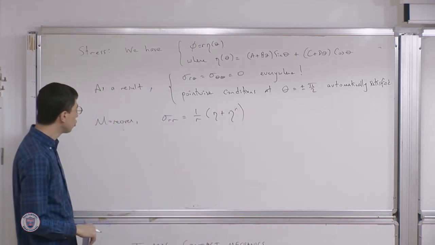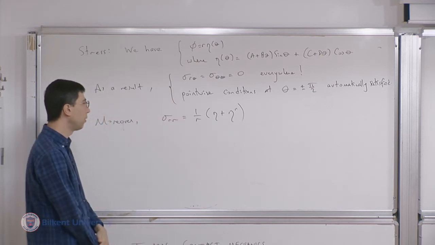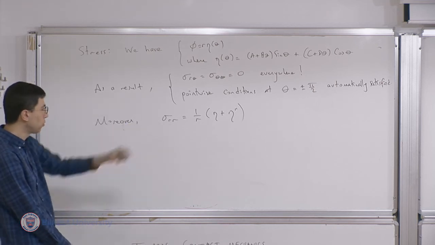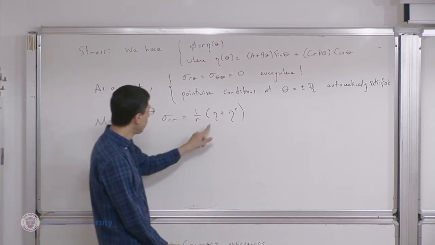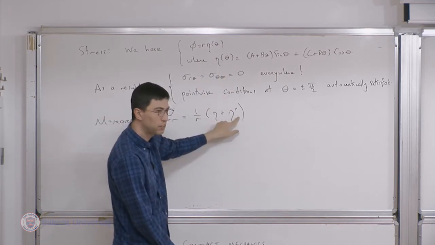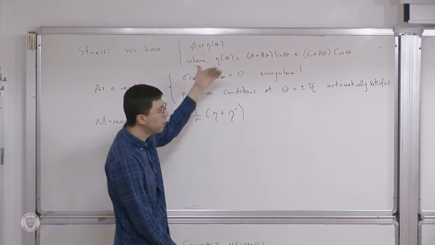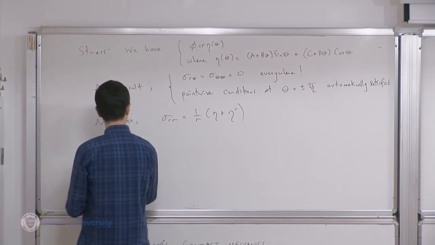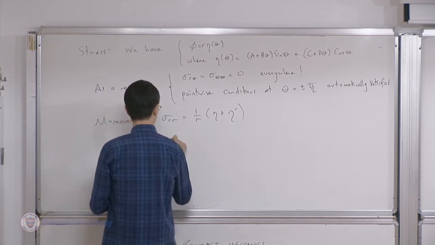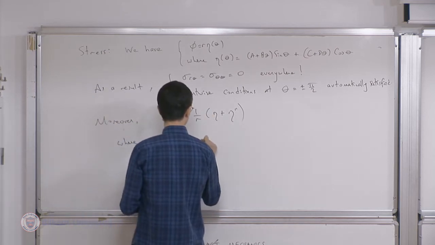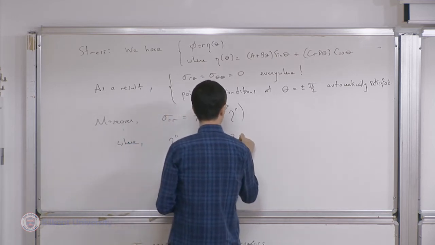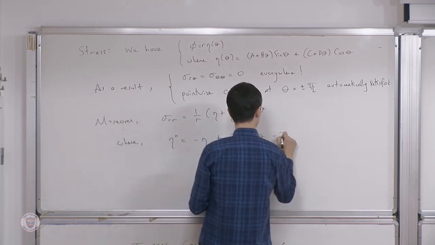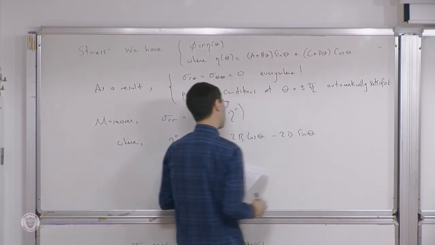Okay. So sigma rr, I already told you. You can go ahead and evaluate, but in this case it is equal to Laplacian of phi. And I have evaluated that already. It's over there. So now what I have to do is I know the form of eta. It's up here. I need to take the second derivative. I'm going to spare you some calculation effort and immediately write that eta double prime, if you go ahead with the calculation, you will find after 2 lines that eta double prime is minus eta plus 2B cosine theta minus 2D sine theta.